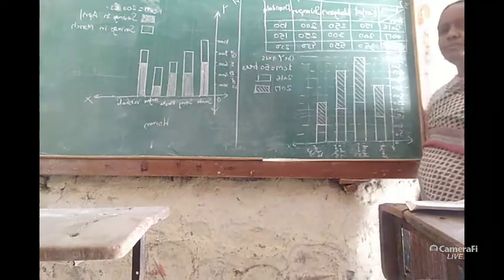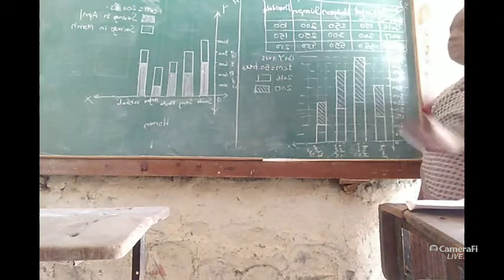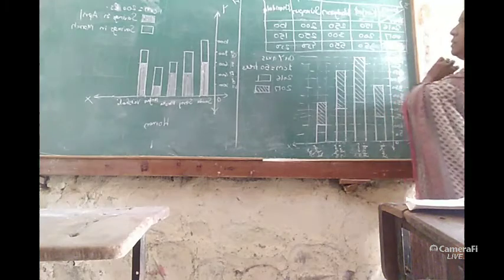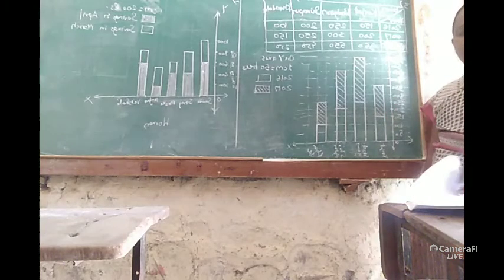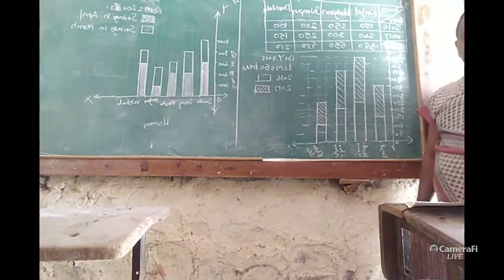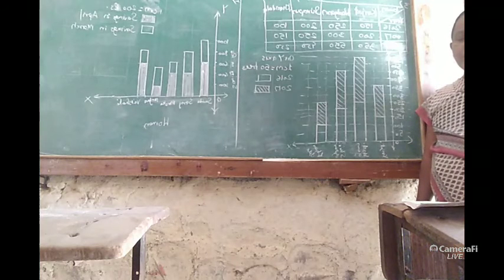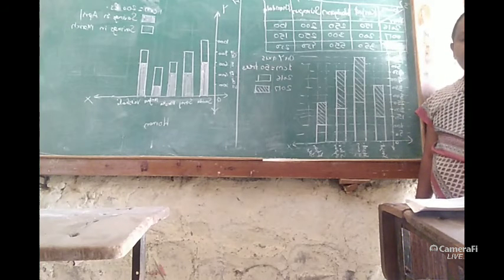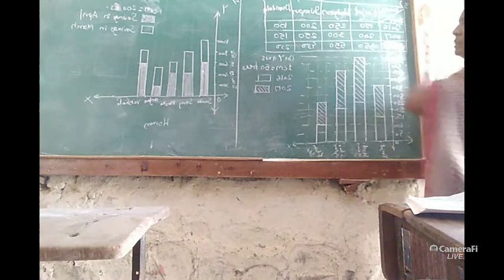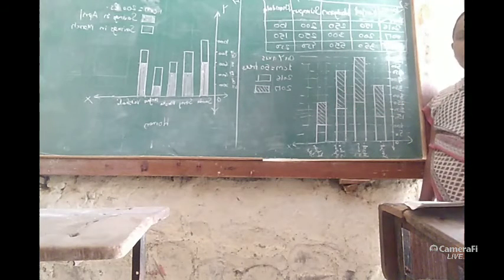We have to add one row in it, the total row. That means the first step when we draw the subdivided bar graph is to prepare a table of the given data as shown above. They directly give us the table. We added one row in it, that is the total.